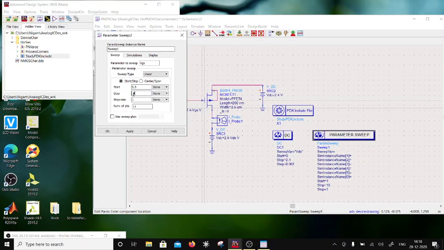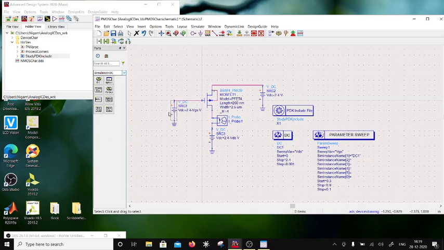So there will still be 7 curves, isn't it? Yeah, and say okay. So this is what I'm doing with the PMOS device, and I am going to just say simulate.